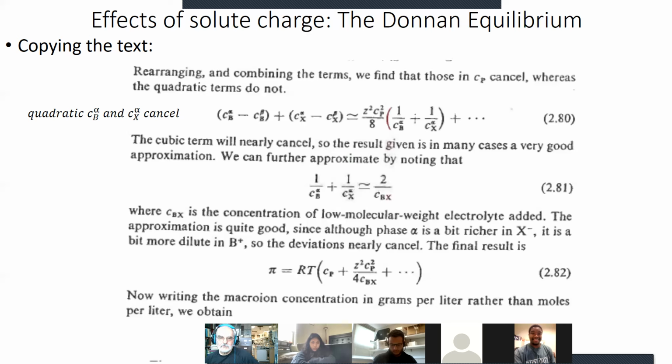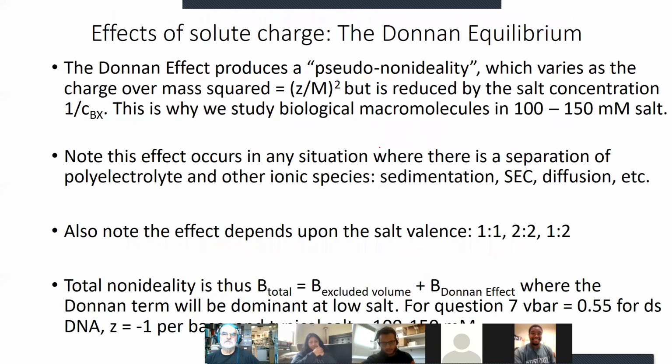So this term essentially shows up because the counterion is readjusting due to the protein charge. He calls this a pseudo-non-ideality. This is what is known as the Donnan effect, and it varies as the charge over the mass squared. There's a Z over M squared, but it's reduced by the salt concentration.